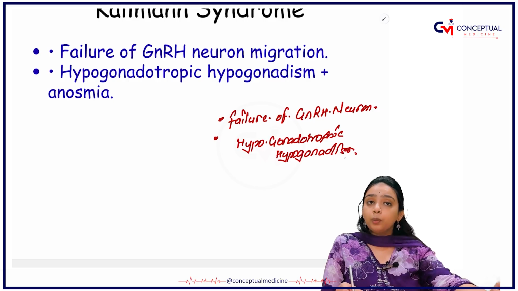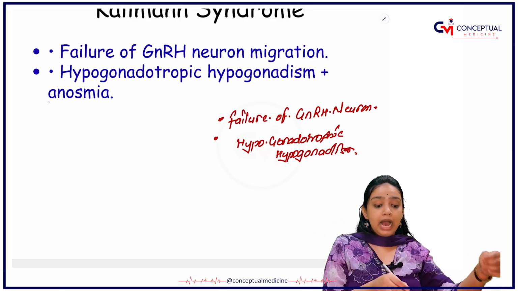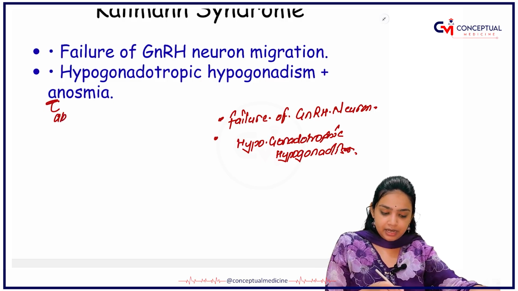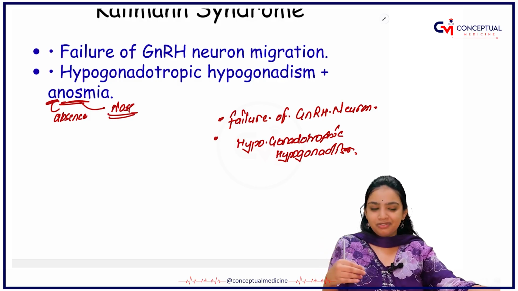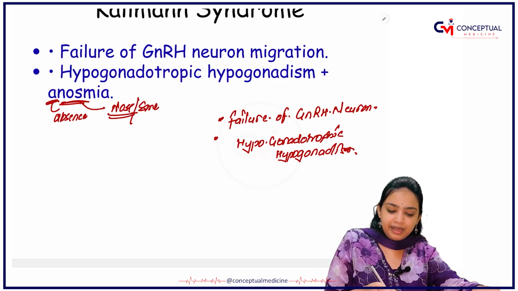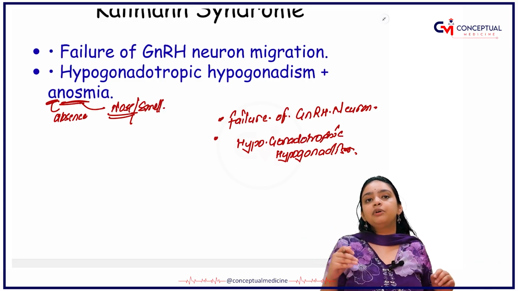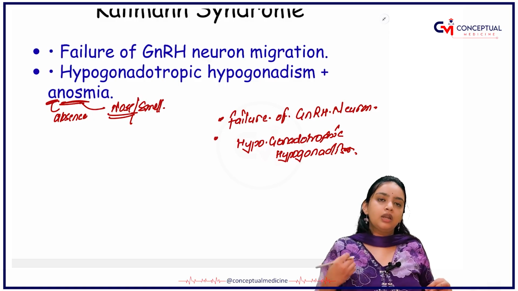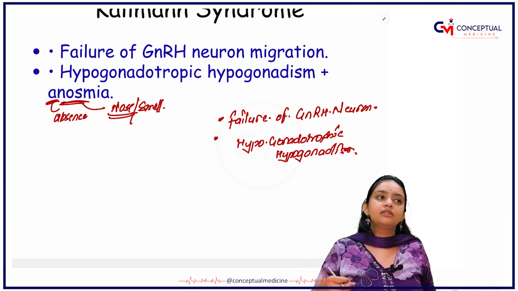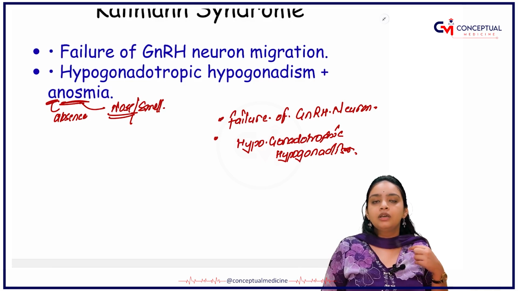Okay, along with it, there will be anosmia. A means absence, and osmia means smell. So not the absence of nose, but the absence of smell. The person will not be able to take appropriate amount of smell. They are not able to identify that this is the particular thing that I am dealing with.